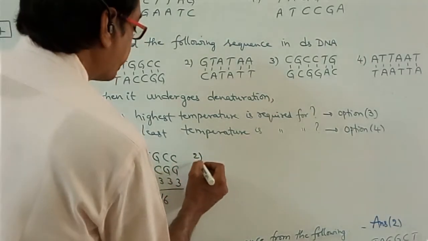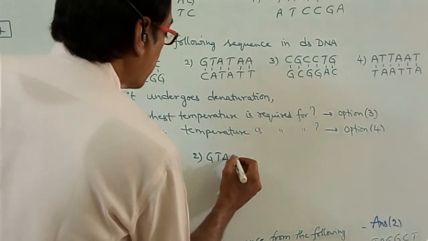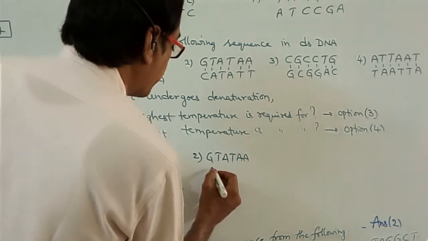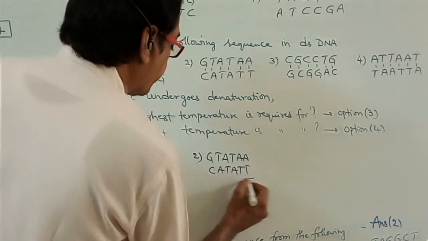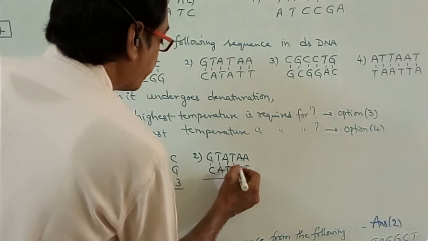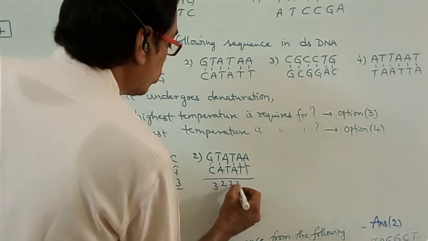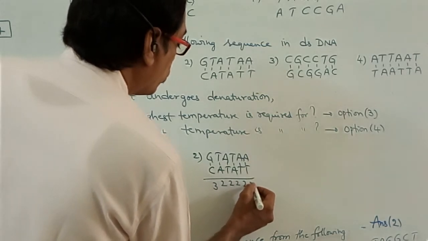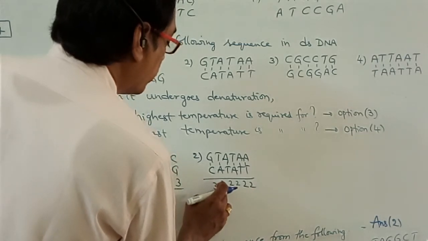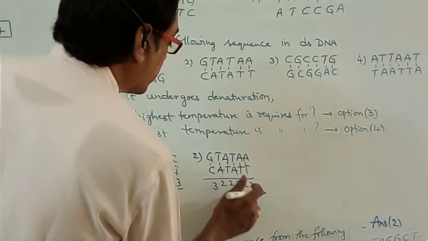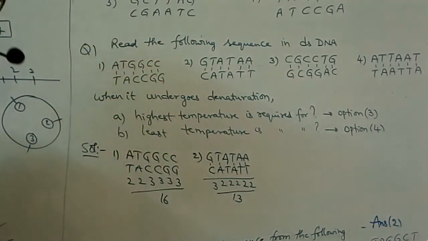Next, second option. G, T, A, T, A, C, A, T, A, T, T. Calculate hydrogen bonds. 3, 2, 2, 2, 2, 2. Total how many? 3 plus 2, 5, 7, 9, 11, 13. 13 hydrogen bonds.